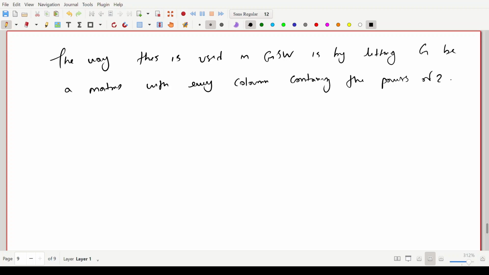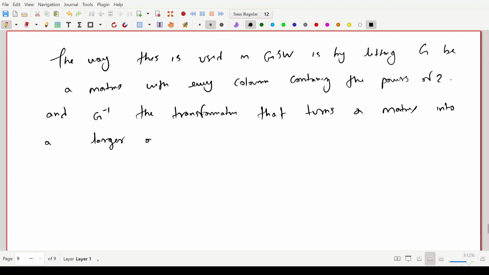Okay, and G inverse is the transformation that turns a matrix into a larger one, with every element in its binary representation.